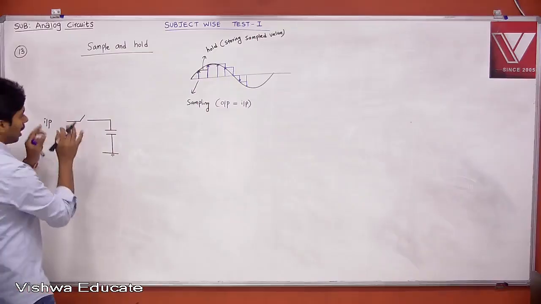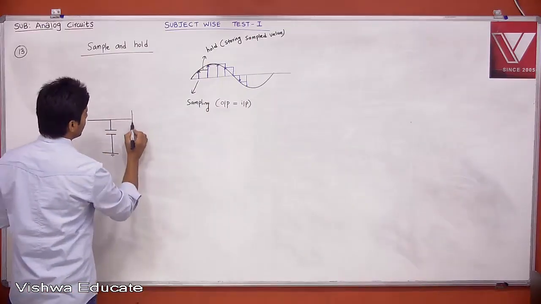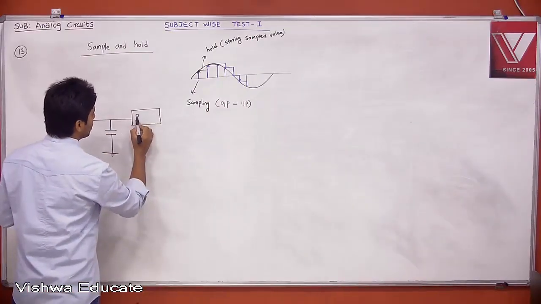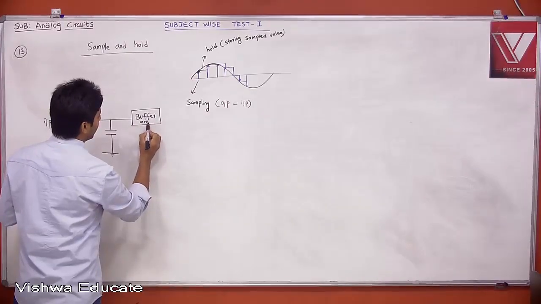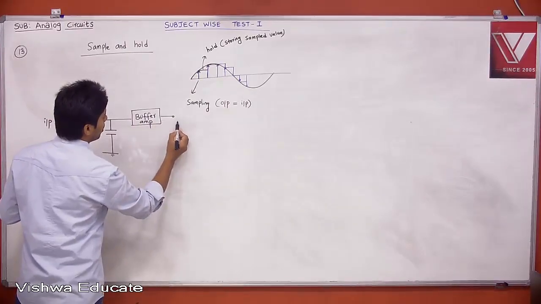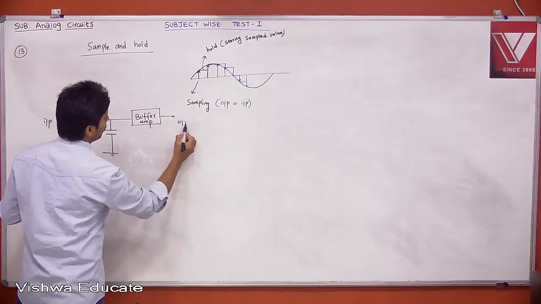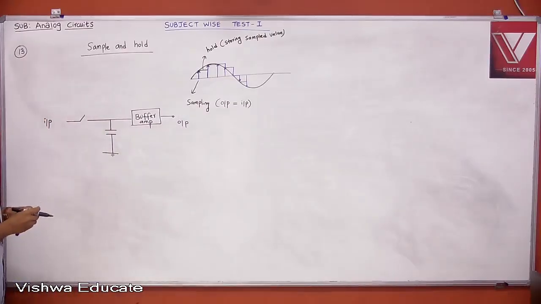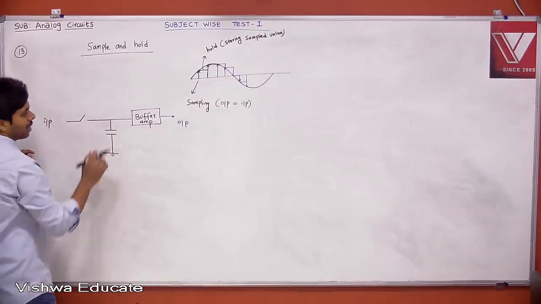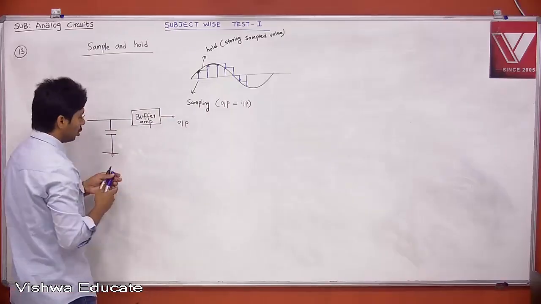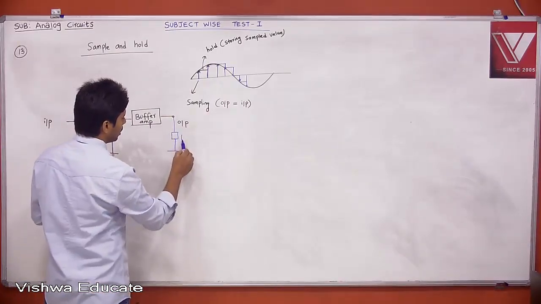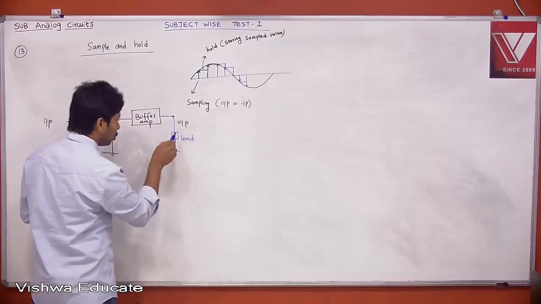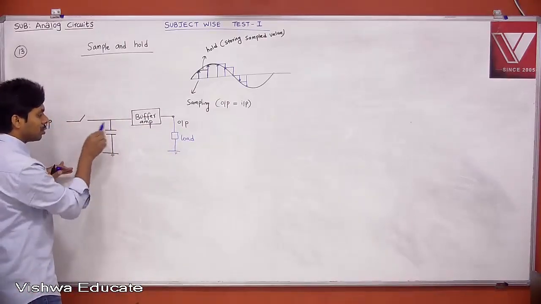Once you have this, it has to be buffered. This is your buffer amplifier, and this is your actual output. Why do you need a buffer amplifier? If there is no buffer amplifier and you connect the load directly here, then this load should not impact your storage capacitor.